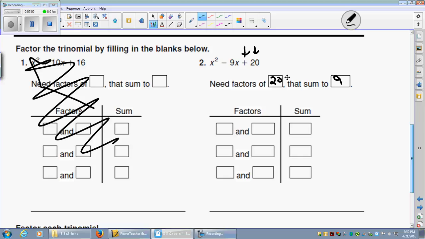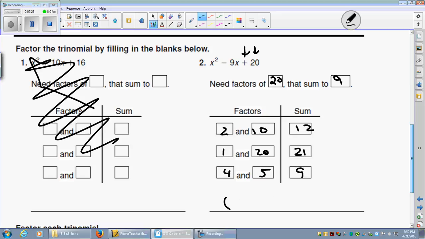Well, first one that I can think of is 2 and 10. Do they add to give me 9? The sum is 12. Another one that I can think of is 1 and 20. That one's pretty easy, right? But that obviously doesn't add to give me 9, it adds to give me 21. And then the last one, hopefully you're shouting it out by now, 4 and 5 adds to give me 9.